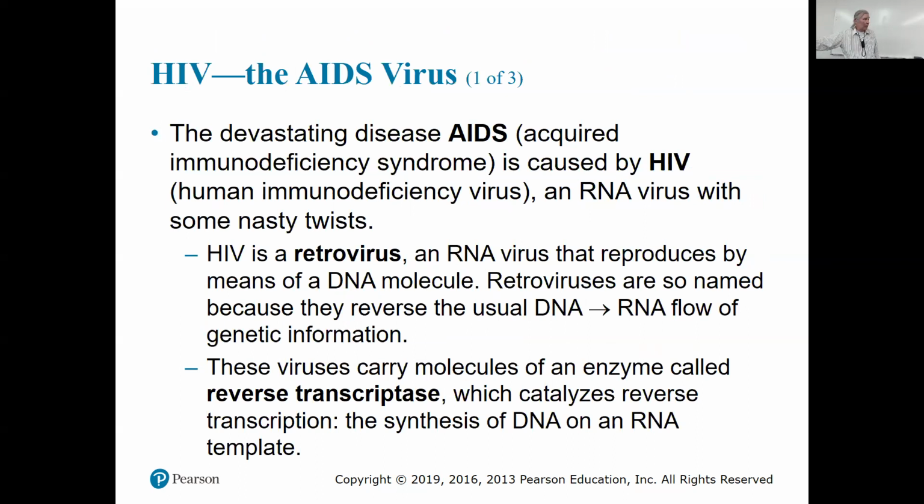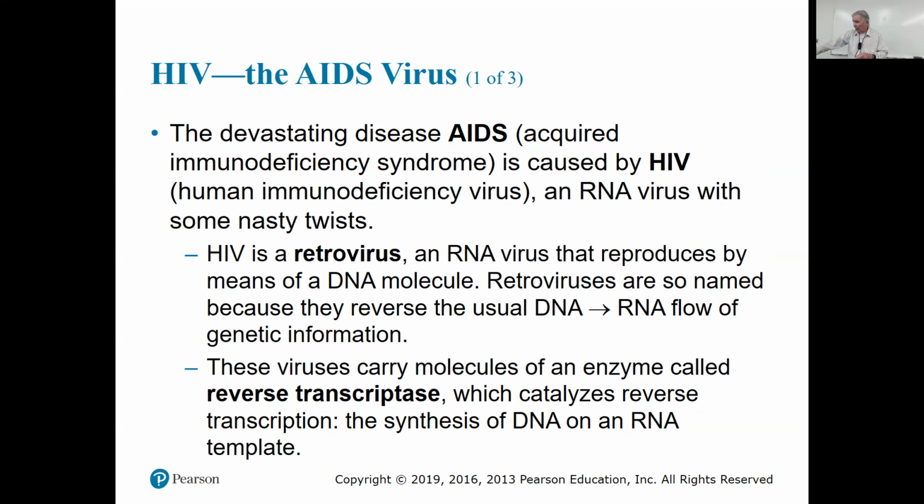But I did want to talk about AIDS, acquired immunodeficiency syndrome, the HIV virus. It's a retrovirus, an RNA virus that reproduces by means of a DNA molecule. They reverse the usual flow. They make DNA from RNA with that reverse transcriptase.